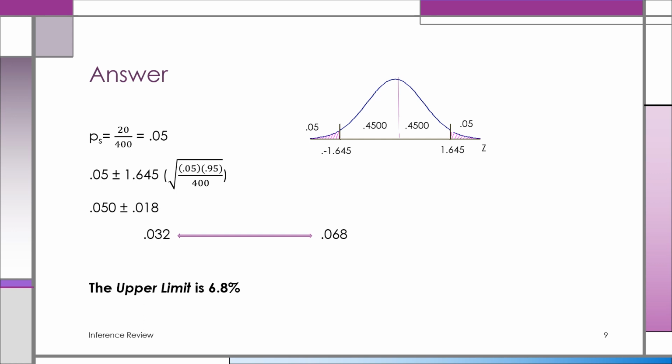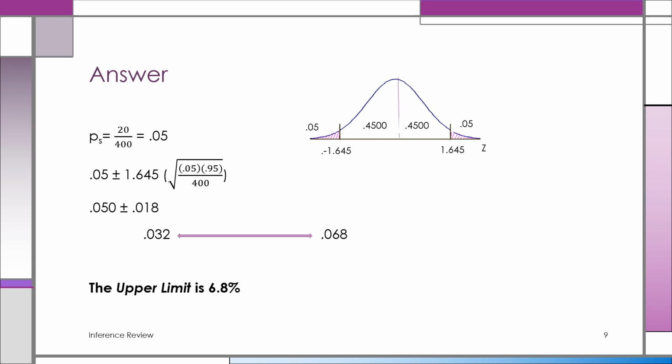When you look that up in the z table, you look up 0.4500 in the middle of the table as a probability, and you look for what the closest that you can come to is halfway in between a z value of 1.64 and 1.65. And so here we split the difference and called the z value plus and minus 1.645. The proportion, the sample proportion, 20 out of 400, is 0.05.